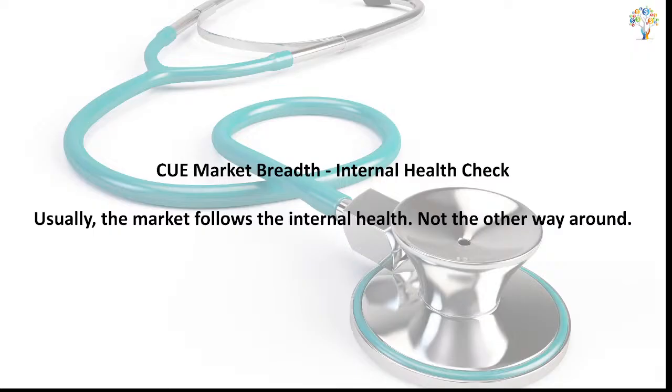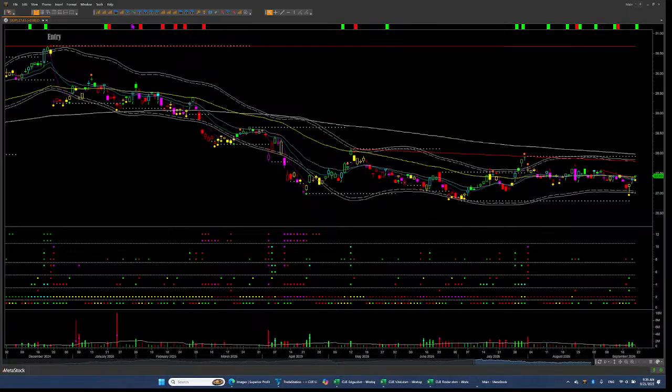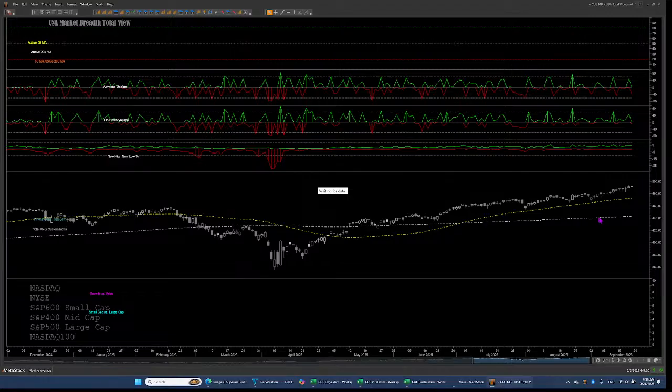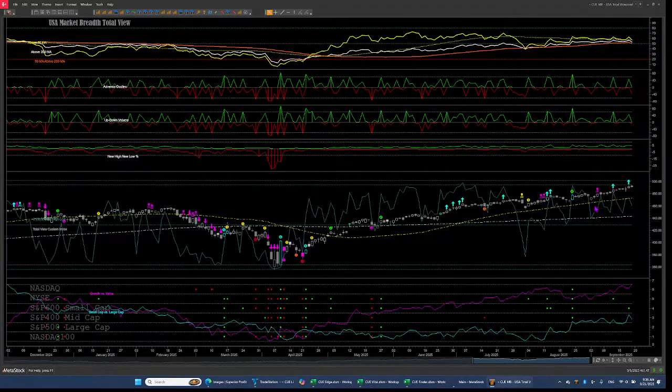Next, market breadth, internal health check. Usually the market follows the internal health, not the other way around. And though the market is going up, the internal health is not getting stronger. USA market breadth total view, the broadest view of the market.